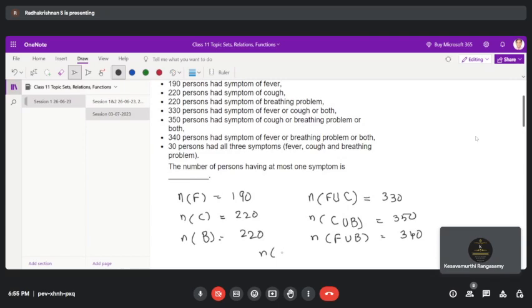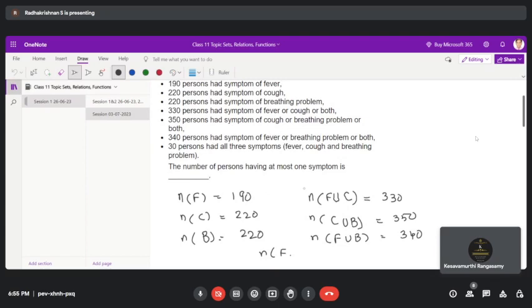How can we represent that? F union B union C? No. F union B union C means persons having fever or cough or breathing problem or any combination of those.